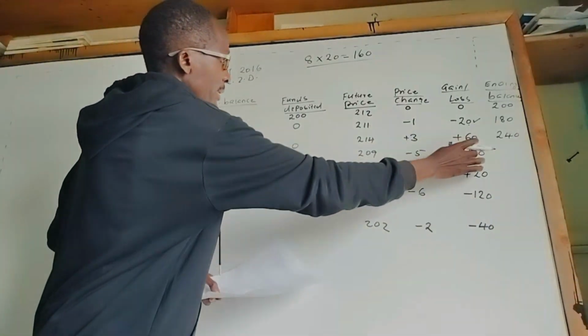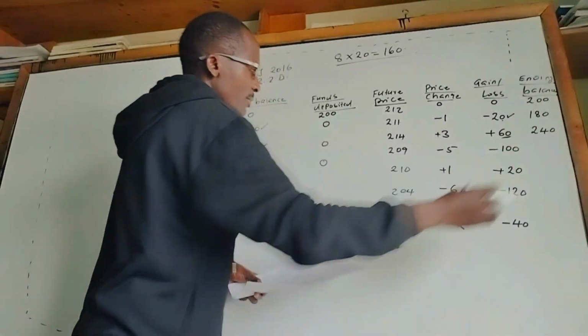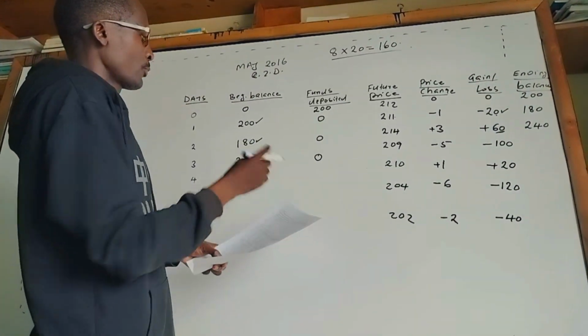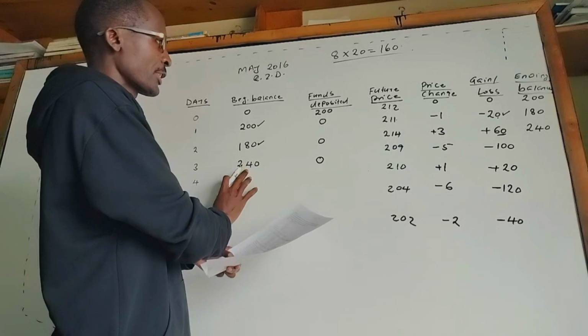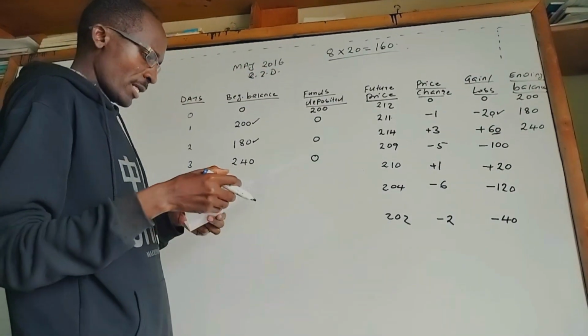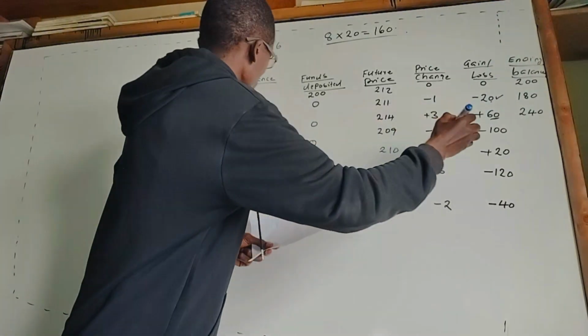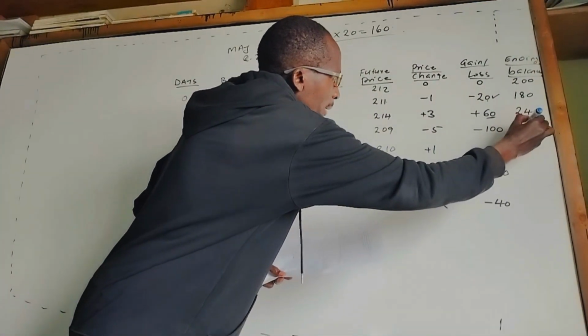But in this period we have minus 100. So 240 is the opening balance, you are minusing 100, which gives you 140.